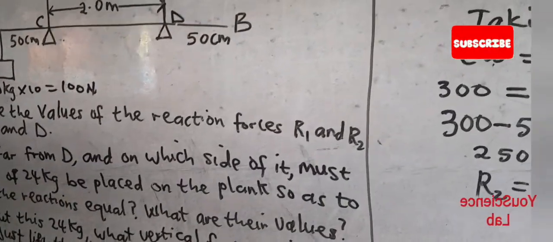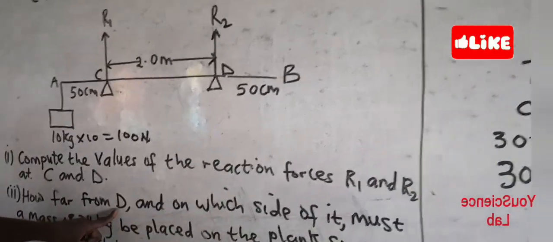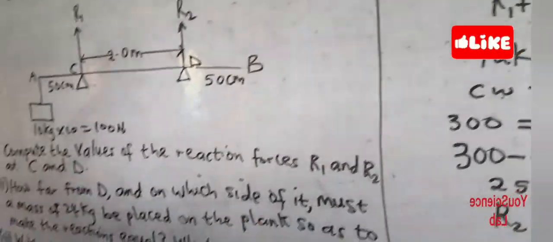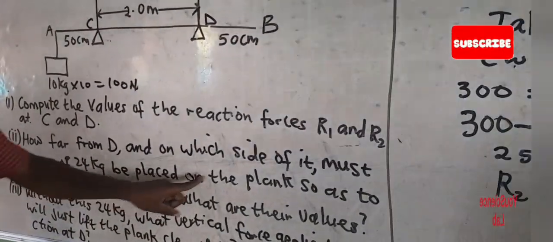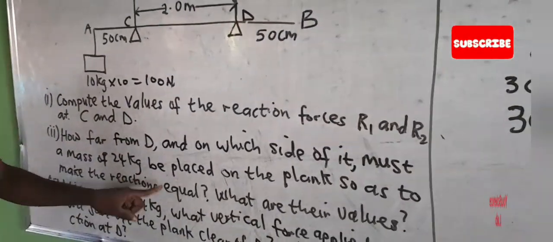Next, we have to go to part 2. How far from D and on which side of it must a mass of 24 kilograms be placed on the plank so as to make the reactions equal?